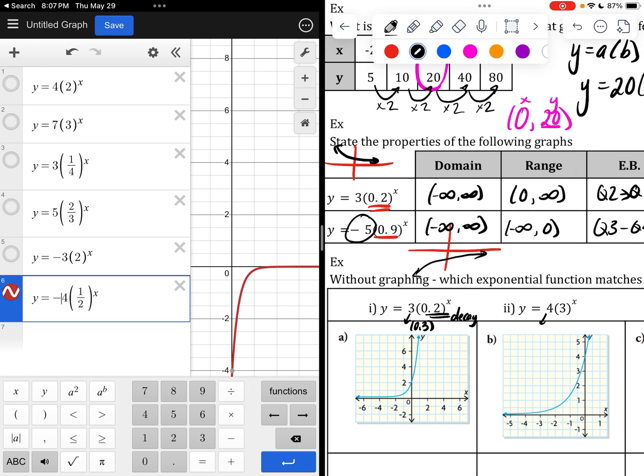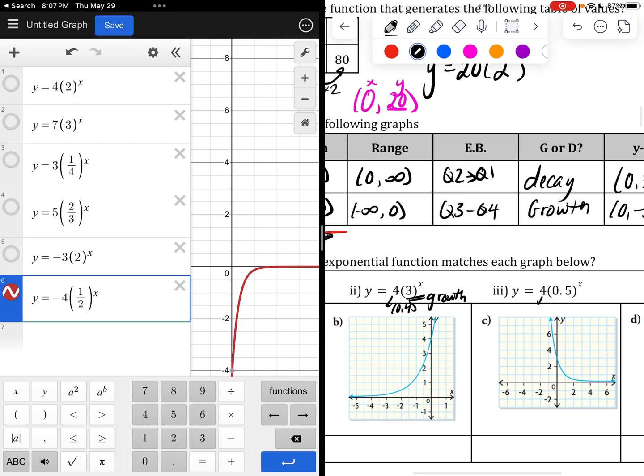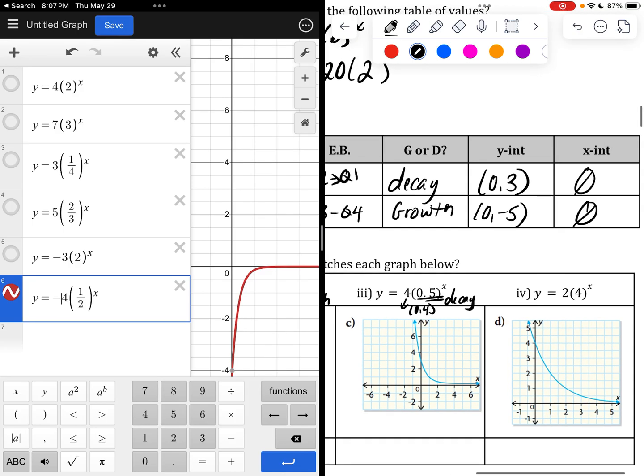Okay, for this one, y-intercept of 0, 4, and the 3 means it's a growth. I'll just do this for all of them. So this would be 0, 4. And because I have a decimal that's less than 1, this would be decay. This would be 0, 2. And the 4 would mean growth.